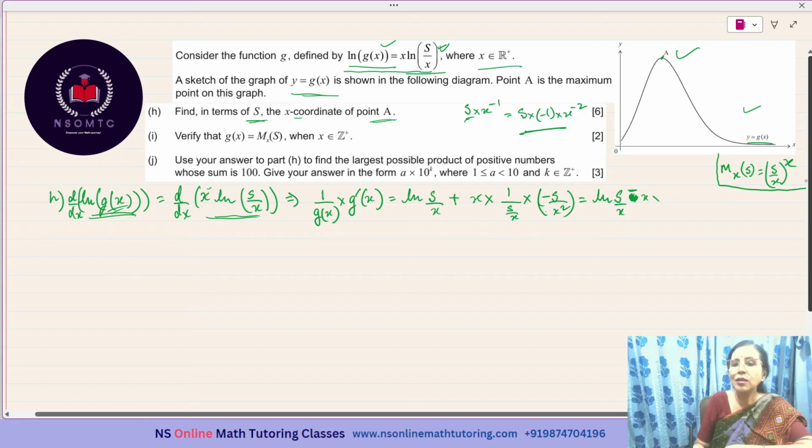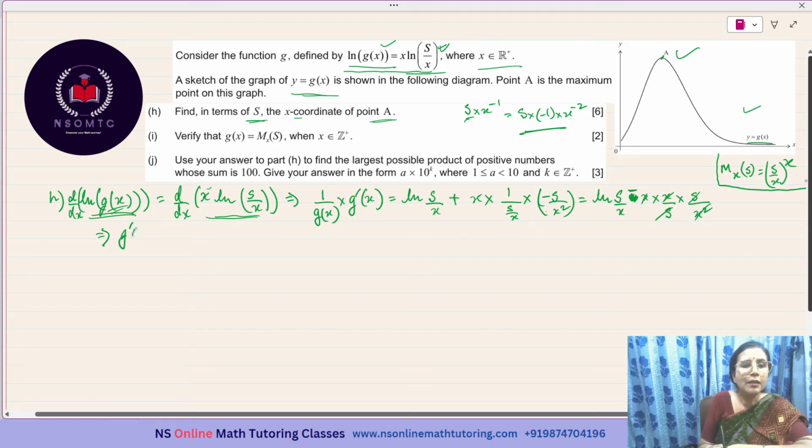So these cancel, and we get g dash of x over g of x equal to ln of s over x minus 1.